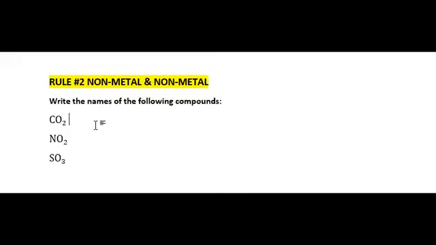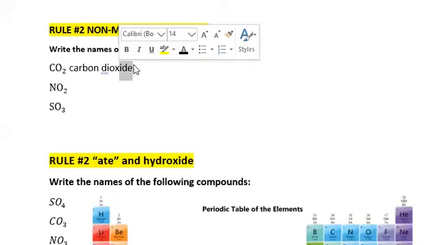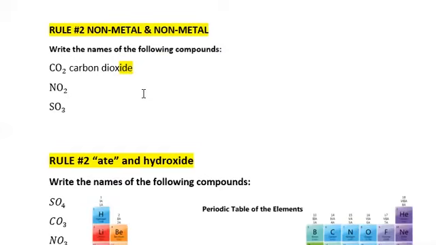And I want you guys to try. So we start with carbon. And remember, carbon is a non-metal. It's all the way here. Yes, carbon dioxide. Can you see how we're stuck with the suffix as well? The suffix "ide" and the prefix "di" is added there.